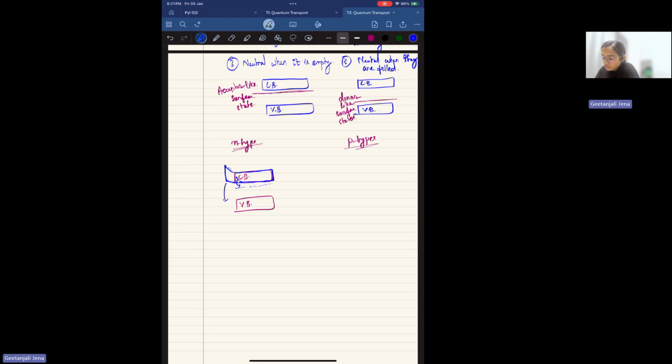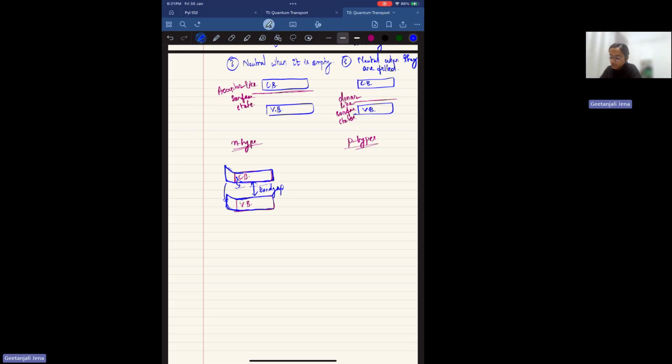The band gap will remain constant for a system. So to maintain this band gap, the valence band will also move upward. So this will be the effect of surface states on the N-type semiconductor.